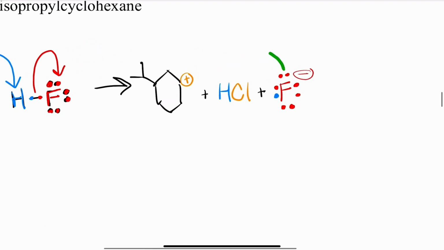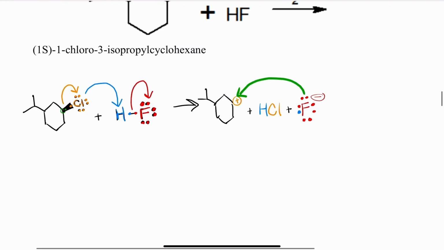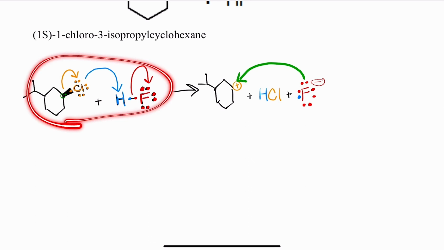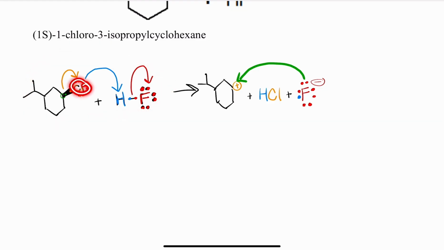So this fluorine, bam, goes and connects where the chlorine left and reestablishes the same exact dynamic you had here, where you had a halogen connected to this molecule and another halogen connected to this hydrogen. The halogens flipped. They switched places.